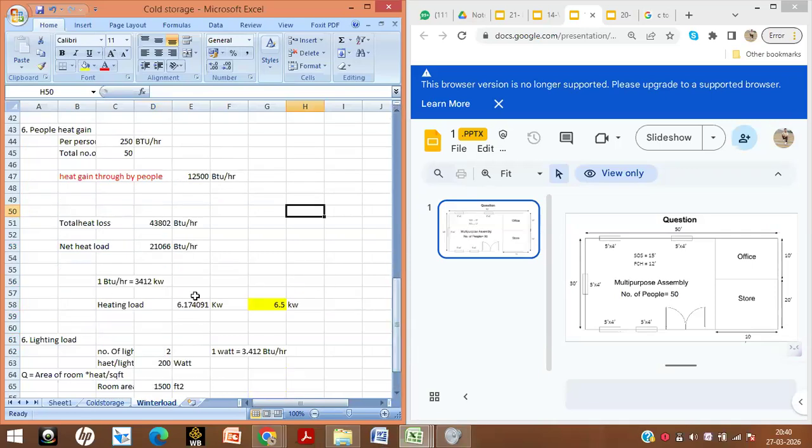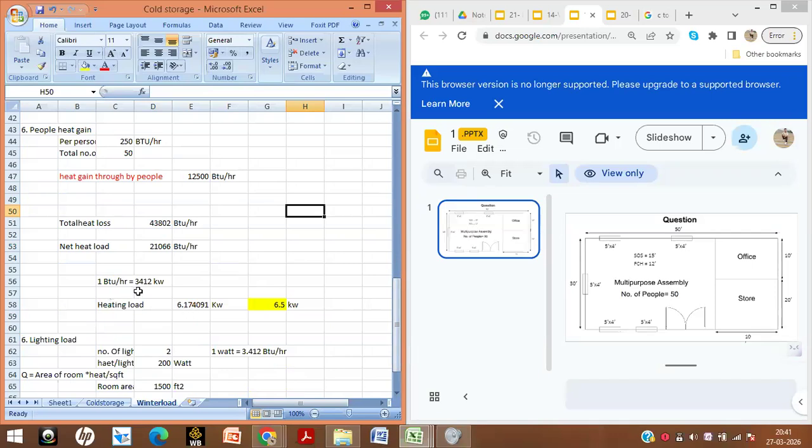Now how can we calculate the heating element? How much heater capacity is required to heat the room up to 22 degrees Celsius, like a comfortable condition? So what we have done is, we know 1 kilowatt is 3412 BTU per hour.